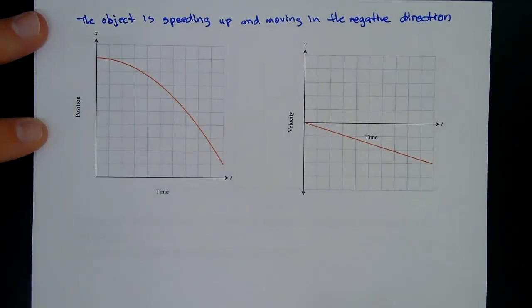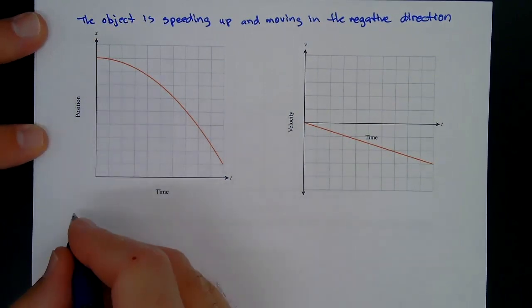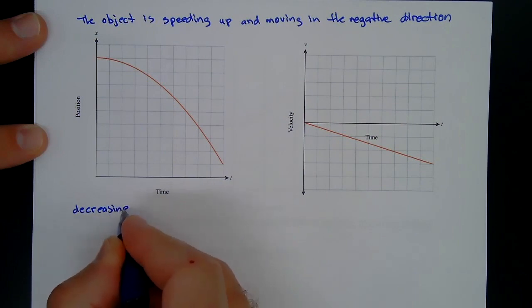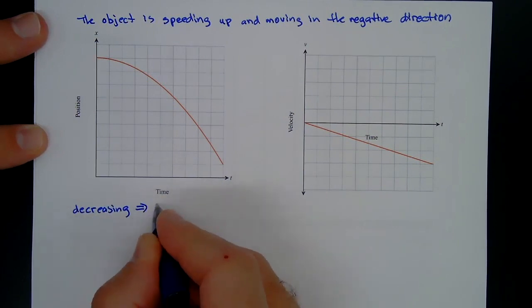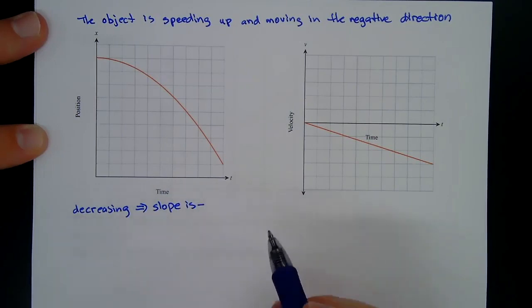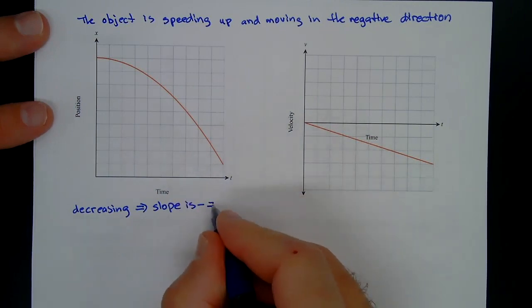Okay, so how do I know that? So I'm looking at this. I see that it's decreasing. Since it's decreasing, that tells me the slope is negative. And this is a position time graph, so this slope is also velocity, so that's telling me the velocity is negative.